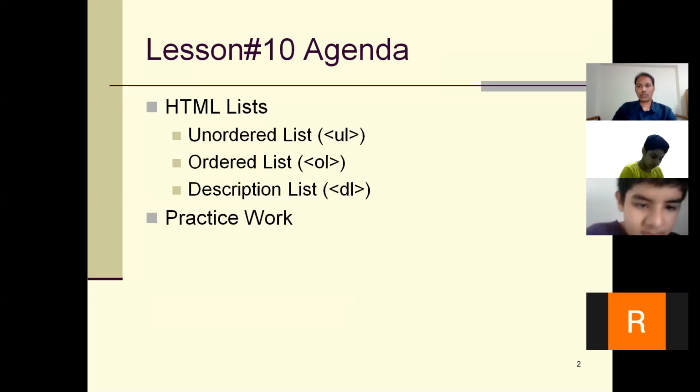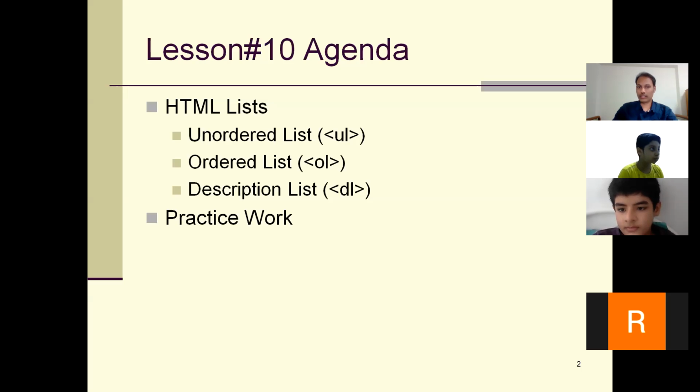There are three different types of HTML lists: unordered list, ordered list, and description list.